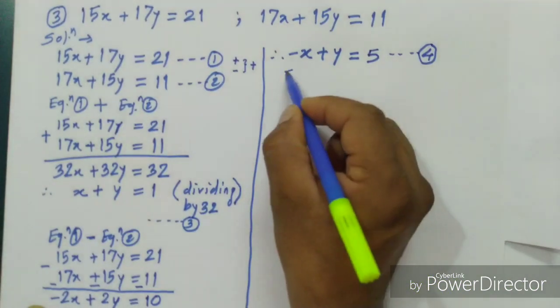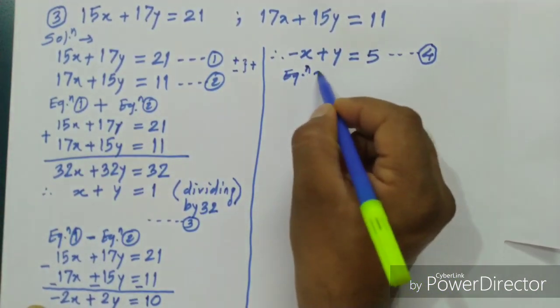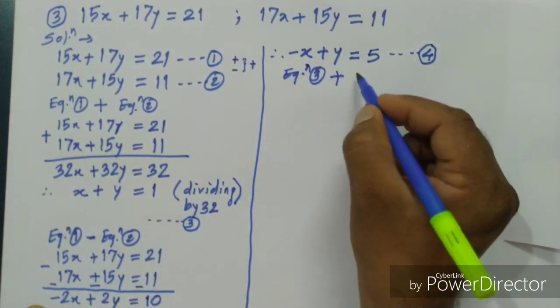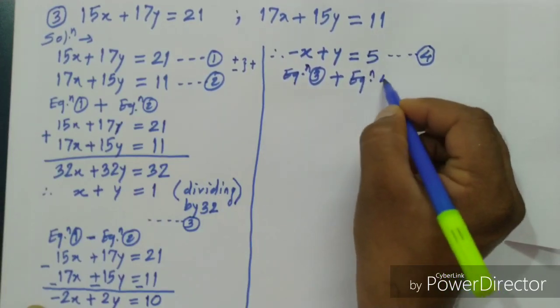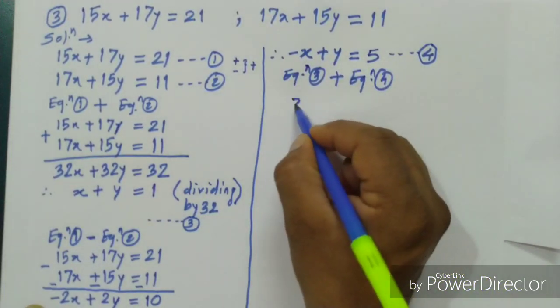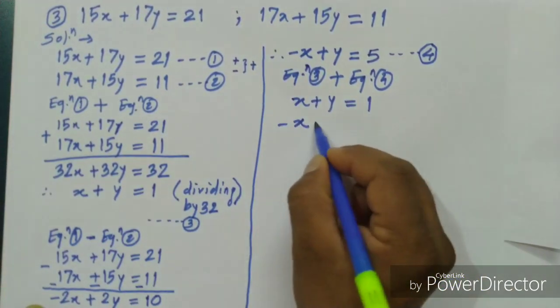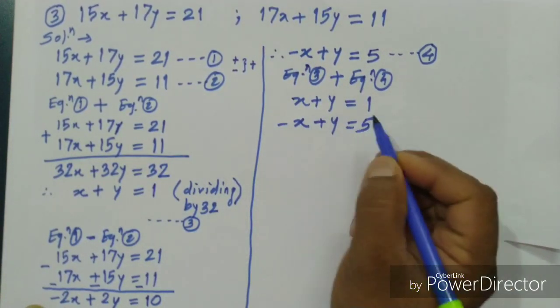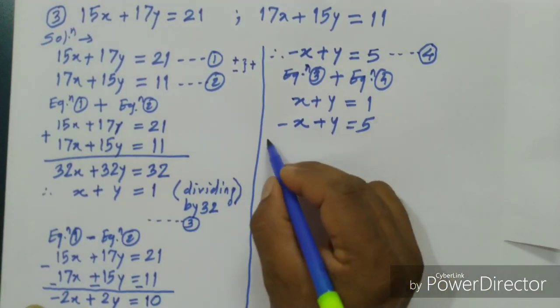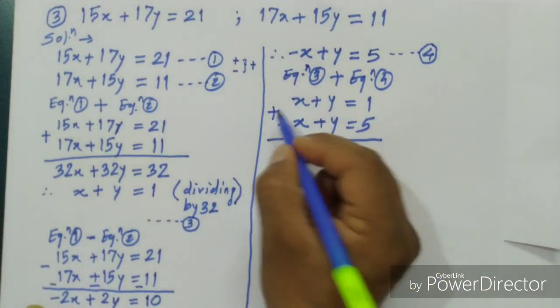Third step is adding equation 3 and equation 4. Third equation and fourth equation we write here and add them.